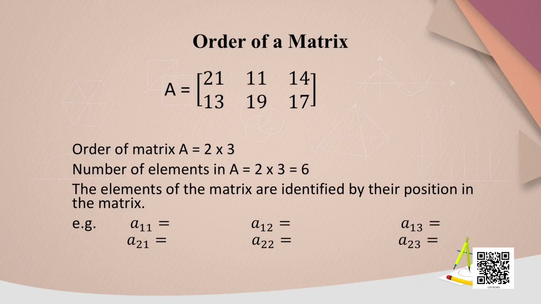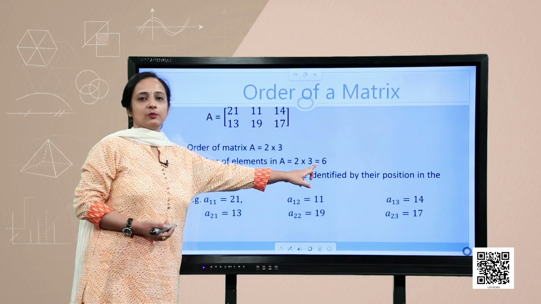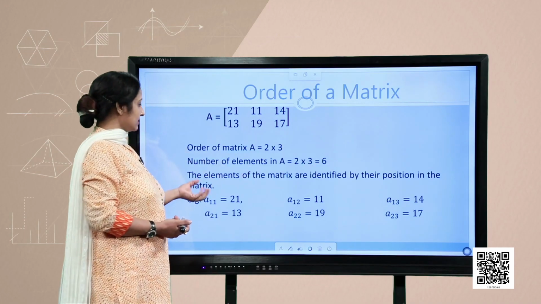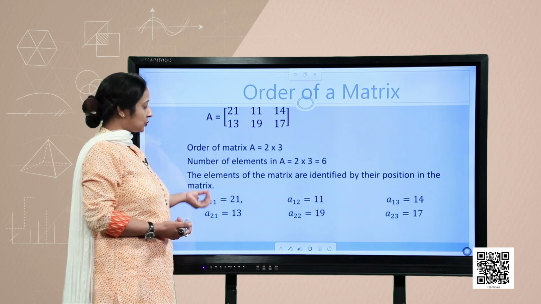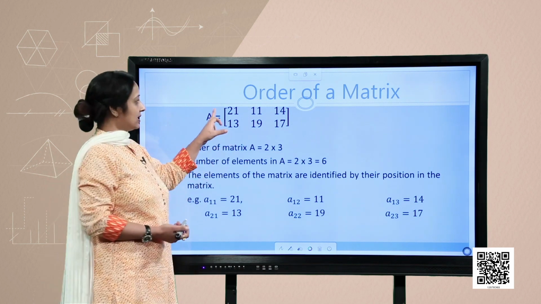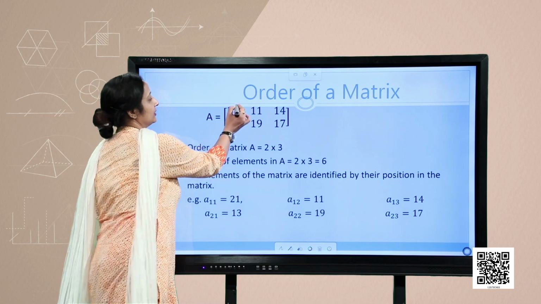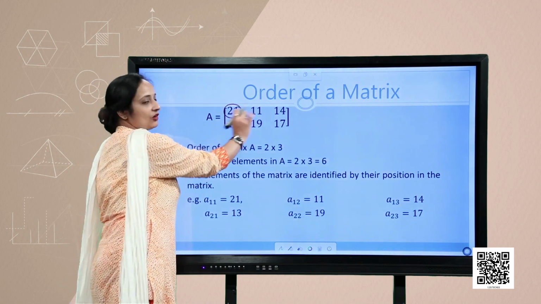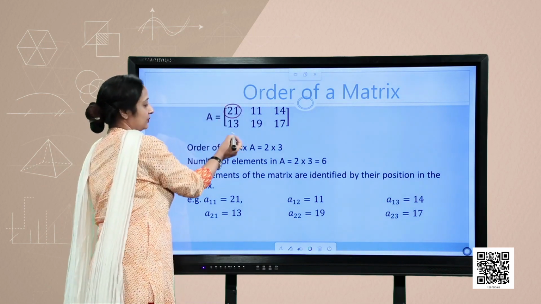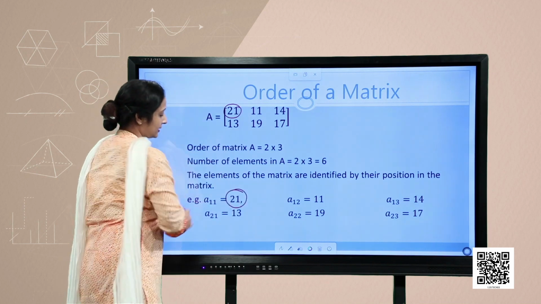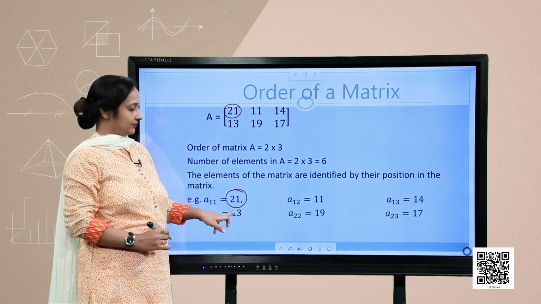So this is matrix A. We have already studied about its order, 2 by 3. Its number of elements is 6. So let us identify the positions of the matrix. This element 21 is in the first row and first column, so its name is a11.